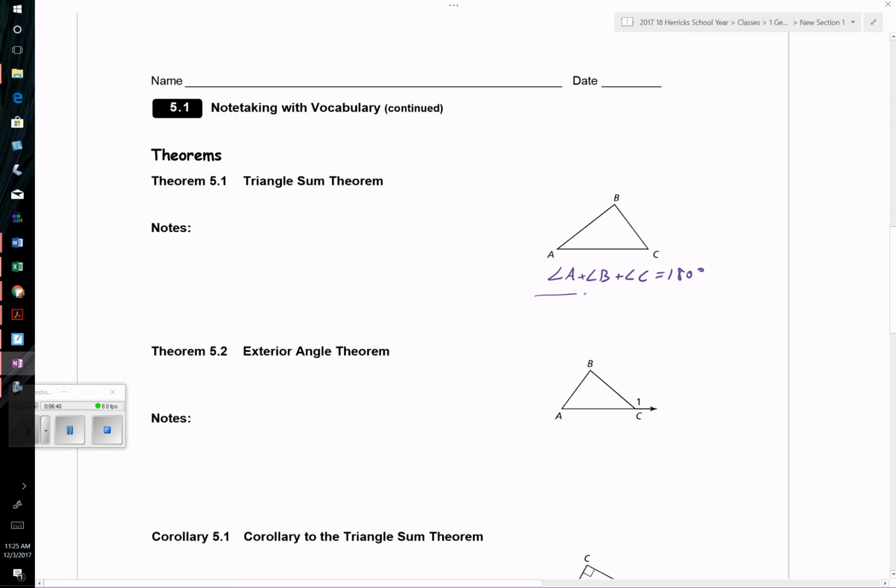So we wrote this algebraically here, but I want you to write it in everyday language over here, where you'd say the sum of the interior angles of a triangle is equal to 180 degrees.